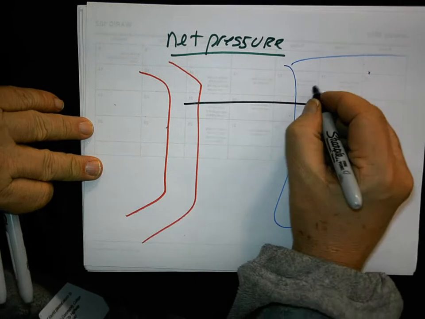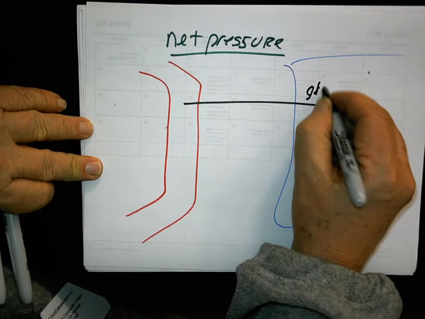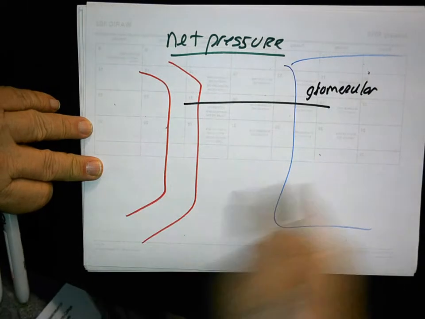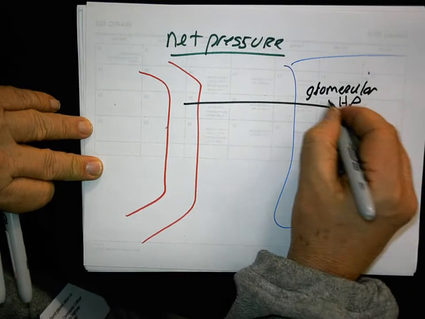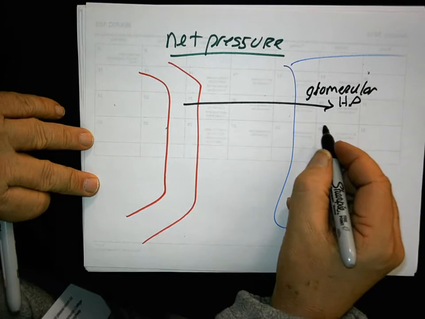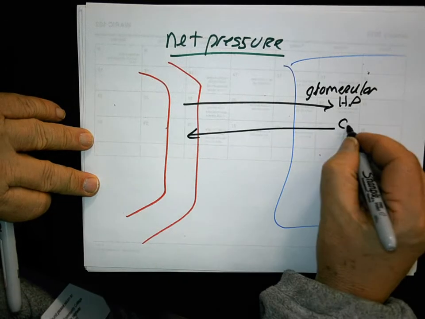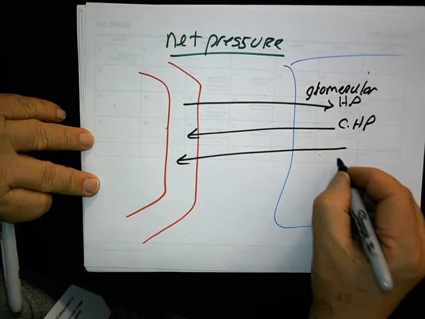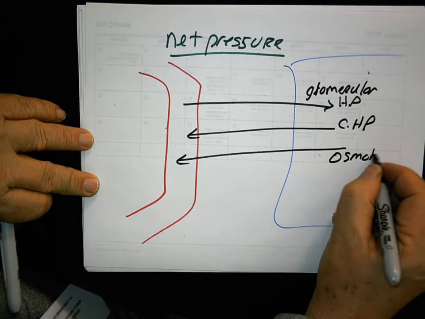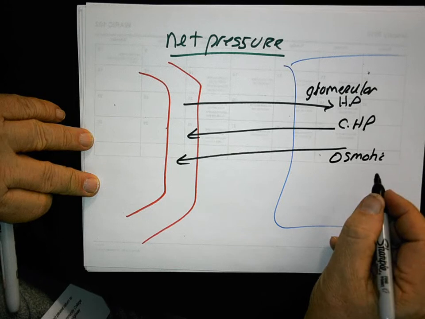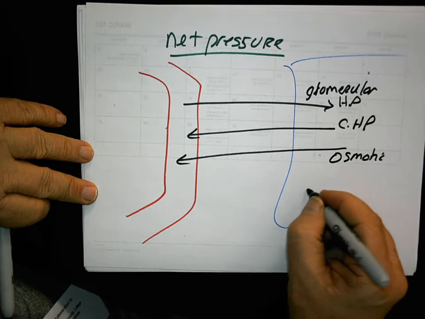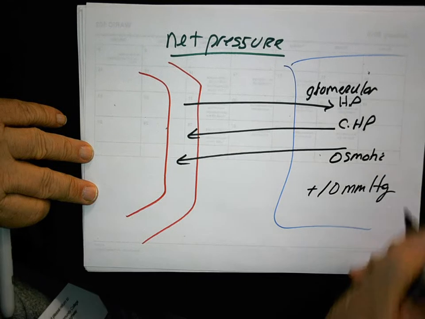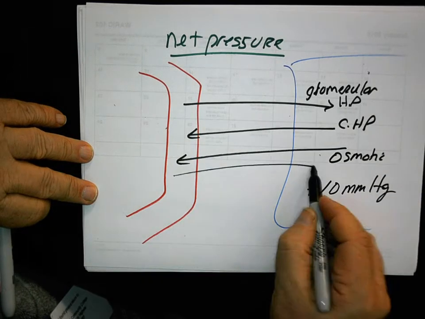One is a capsule, glomerular, blood supply here, hydrostatic pressure. You have the capsule hydrostatic pressure. You have the capsule osmotic pressure. And what's the net pressure? 10 millimeters of mercury pressure forcing fluid into the renal corpuscle.